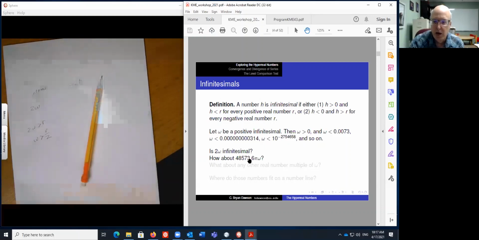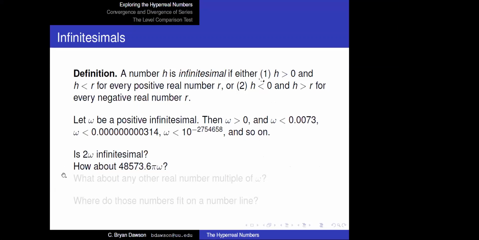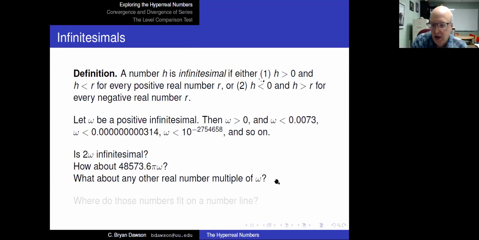So then how about 48,573.6 pi times omega? Would that also be infinitesimal? Sure, I believe it would be. All right. Or any other real number multiple of omega?